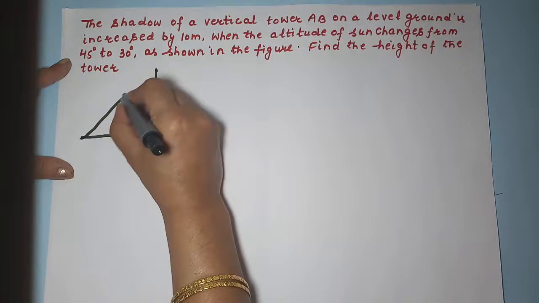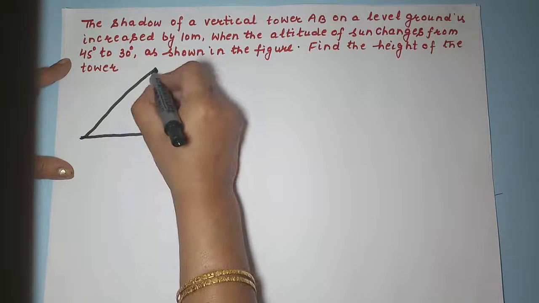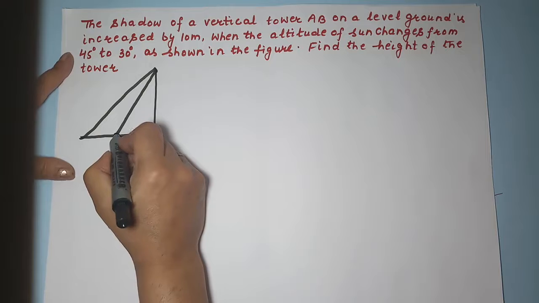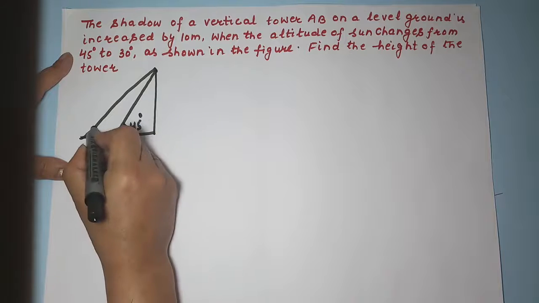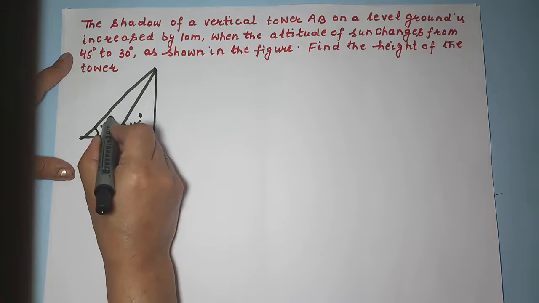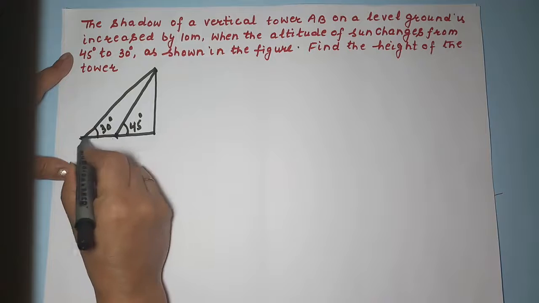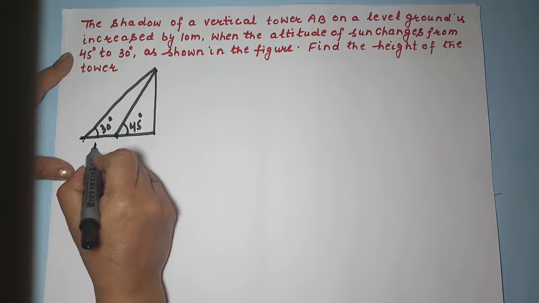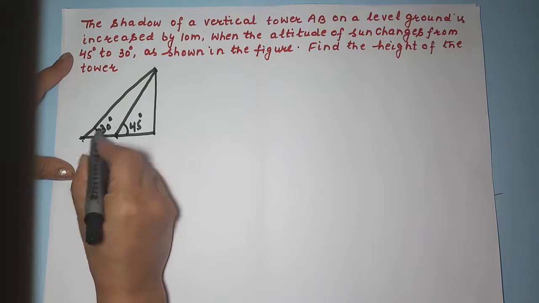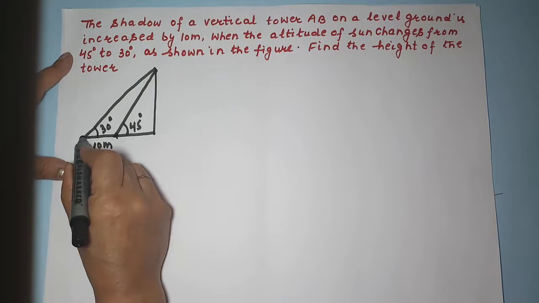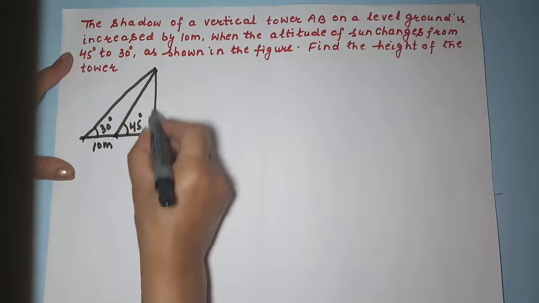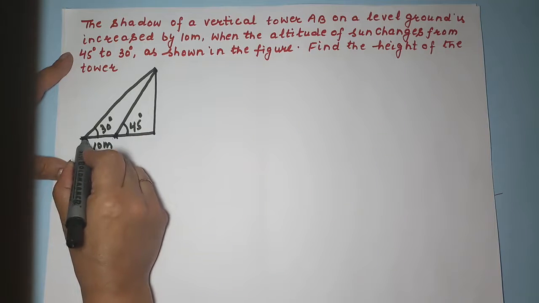When does it increase? When the angle of sun changes from 45 degrees to 30 degrees. So this distance increases by how much? 10 meter. When it changes from 45 to 30 degree, the shadow's distance will increase by 10 meter.